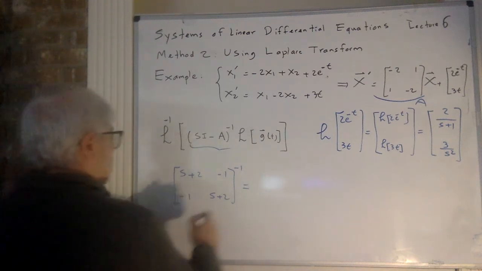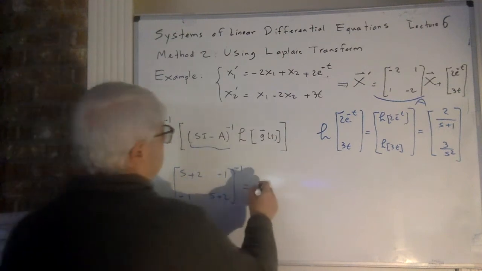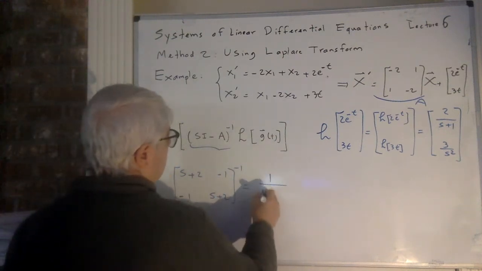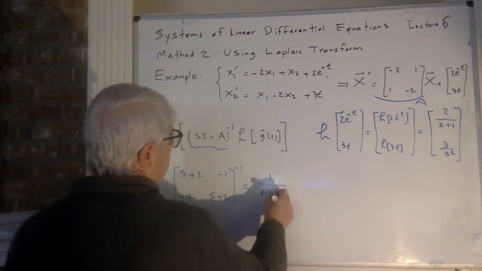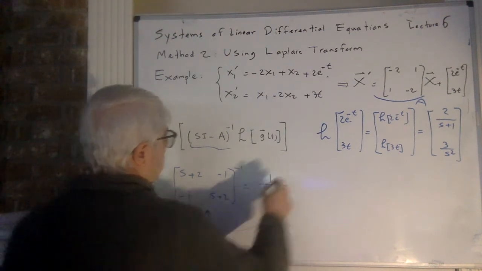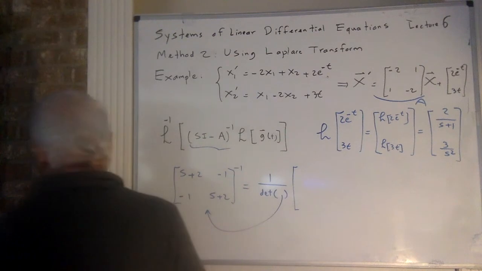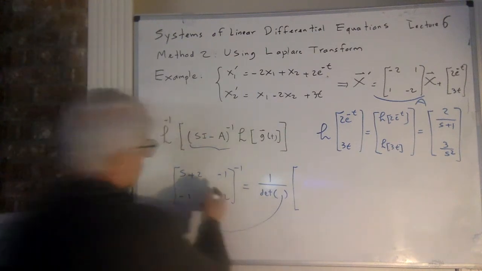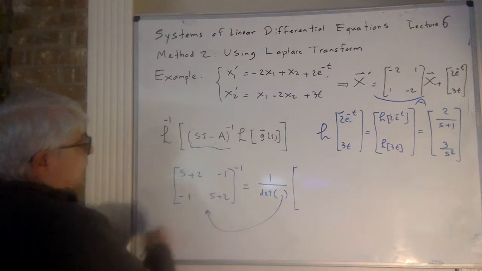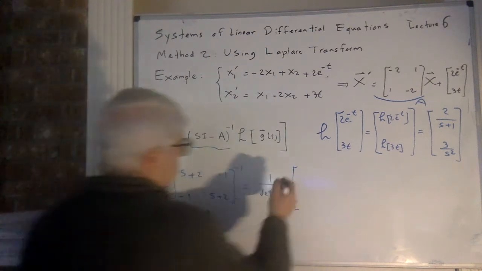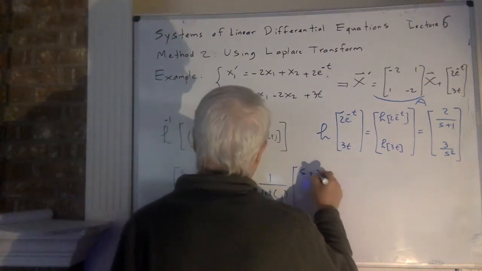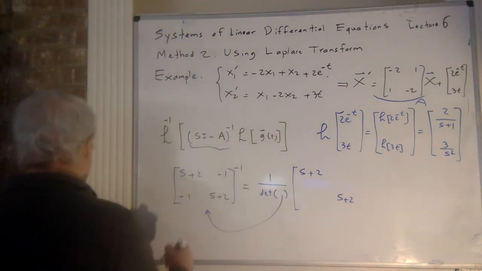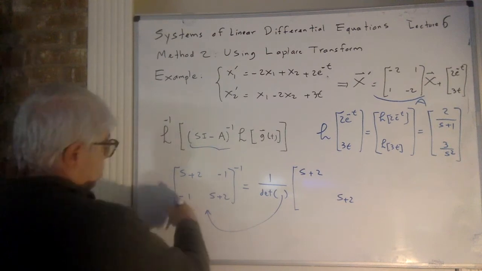So remember that was 1 over the determinant of this matrix, times, if I remember correctly, the diagonal entries interchanged. Well, in this case, there is no interchange, but they're the same. And the off-diagonal ones lose the negatives, because that's minus minus, right?